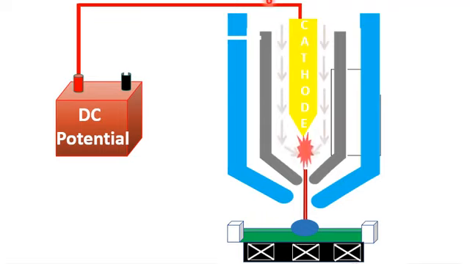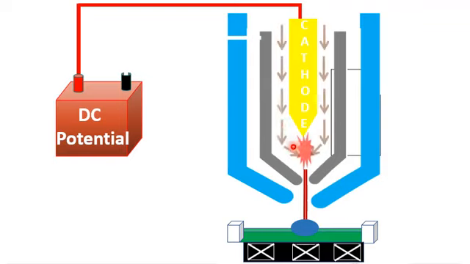The gases are fed in between the cathode and anode of the plasma arc igniter from the outside. When the high potential is applied between the cathode and anode, it will result in a very high temperature spark at the tip of the cathode.